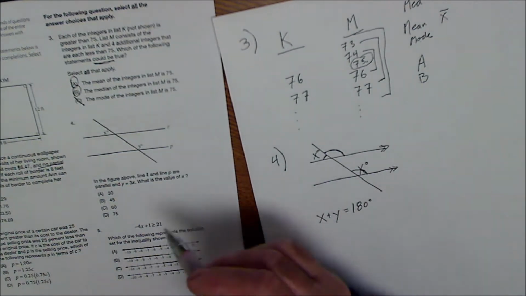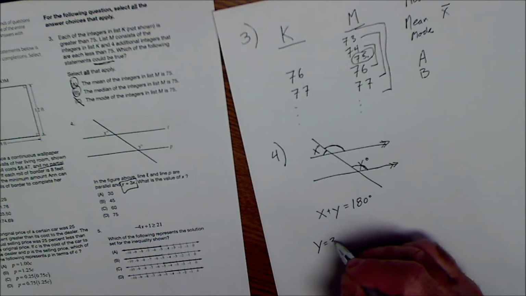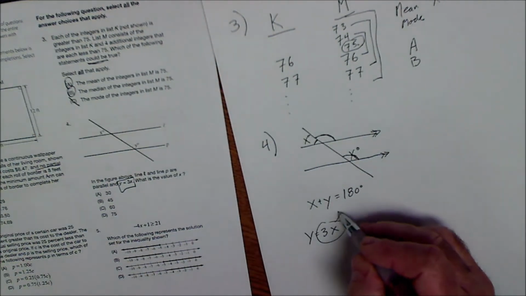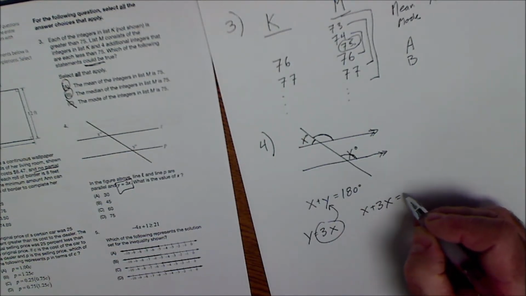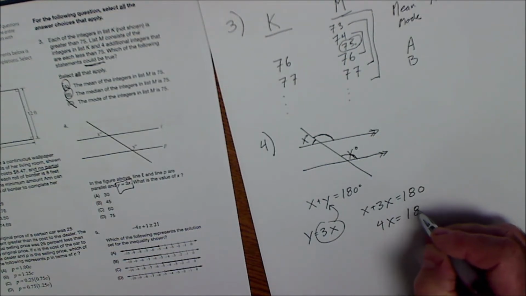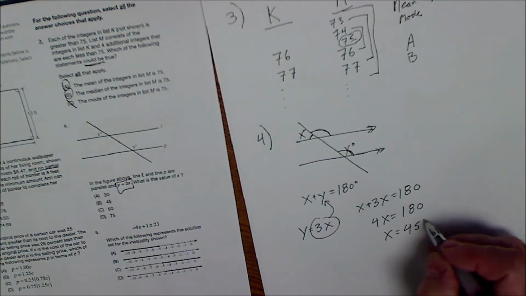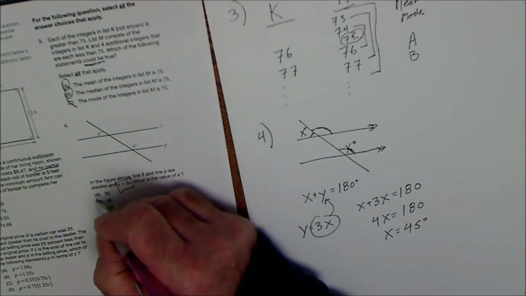And then I also know right here that y is equal to 3x. So I plug in 3x for y, and I get x plus 3x equals 180. 4x equals 180. Divide both sides by 4, and I get x is equal to 45 degrees. So 4 is B.